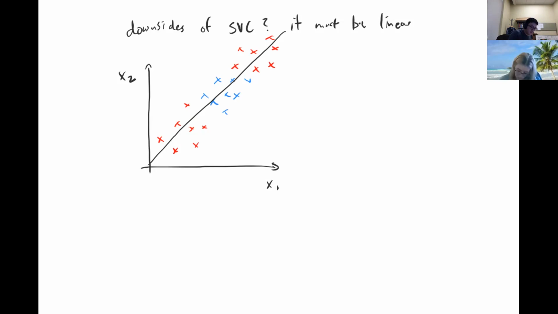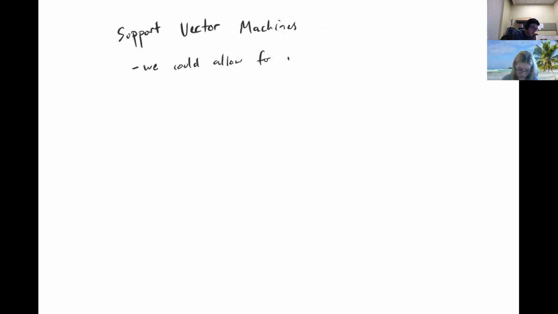So the next step of improvement is to do support vector machines. So this is kind of our final step. We could allow for polynomial expansion or interactions of x's.